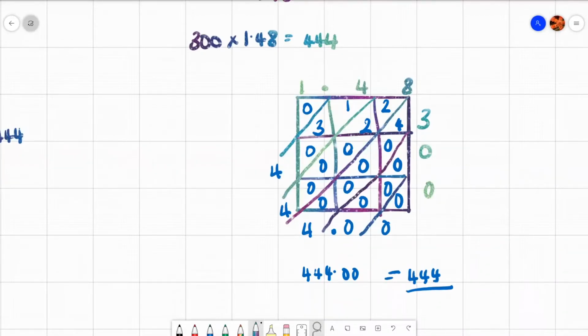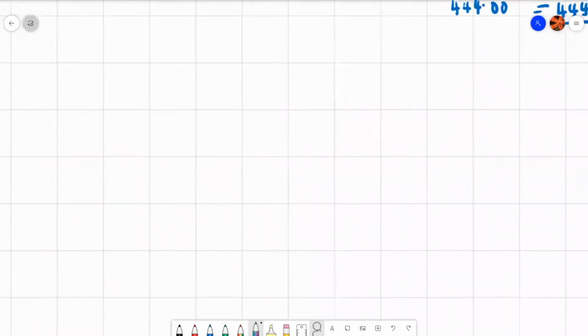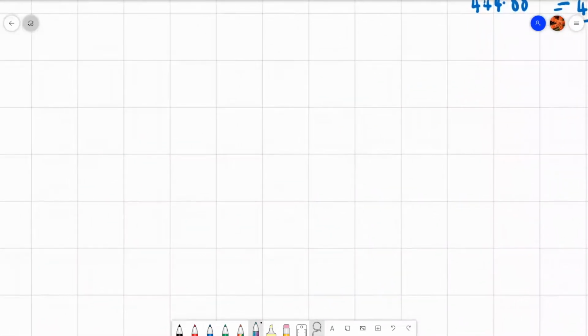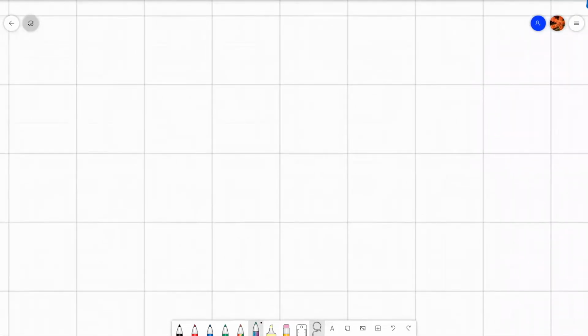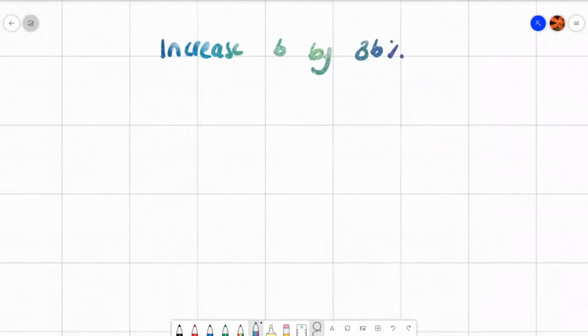Okay, so let's have a look again at another example, and then we'll have a look at what multipliers our percentages will be if we are increasing. So let's do this time increase 6 by 36%. So let's use a multiplier method.